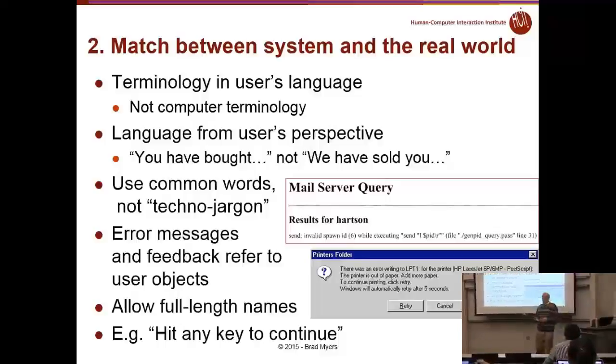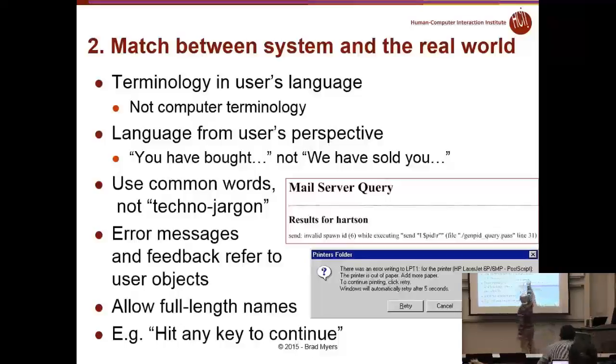Try to use common words that the users are going to know and avoid techno jargon. There's all sorts of examples. Here we've got a mail server query results for Hartson: send invalid spawn ID 6 while executing send to spider file gen query pass line 31, right?